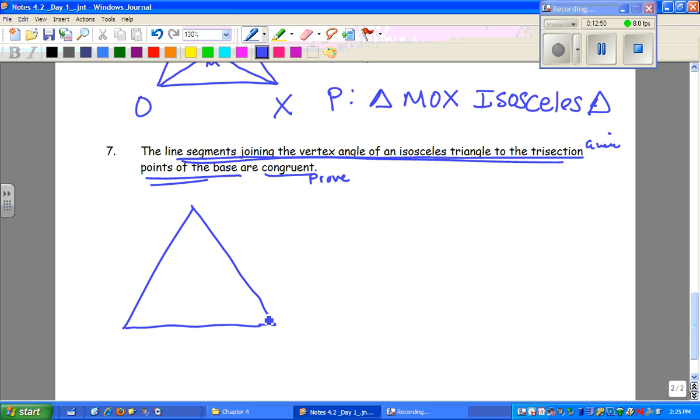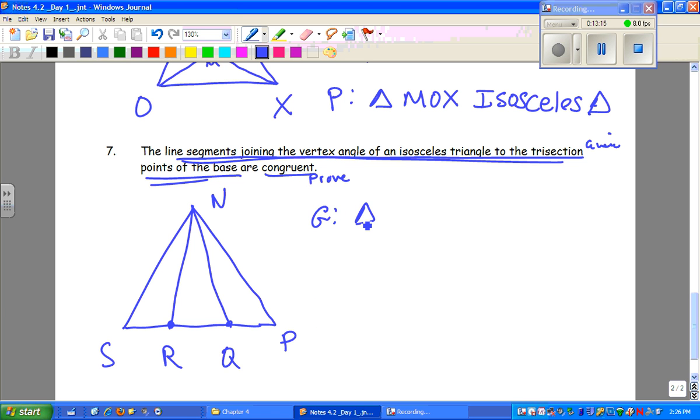We have our big triangle. Let's call it NPS. The triangle is isosceles, and it has trisecting points. So it has trisecting points down here, R and Q. So this line and this line, trisecting points.